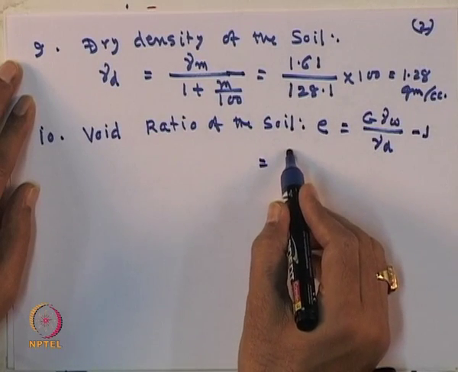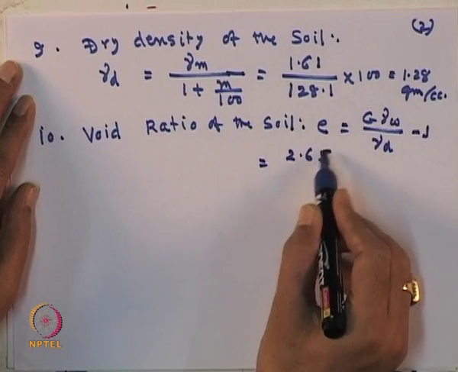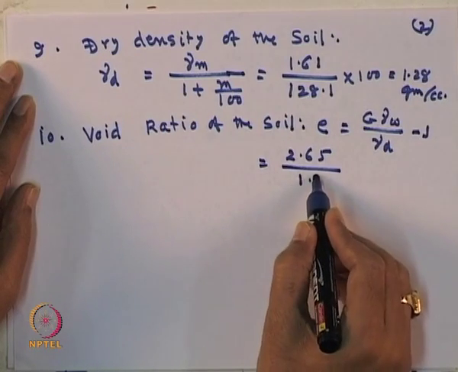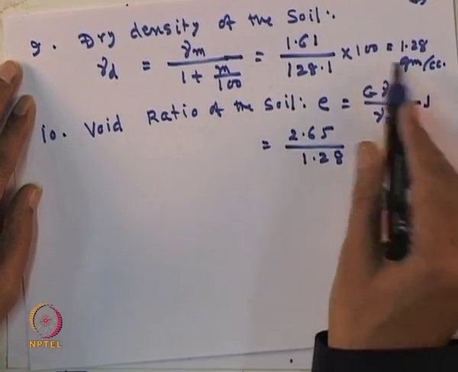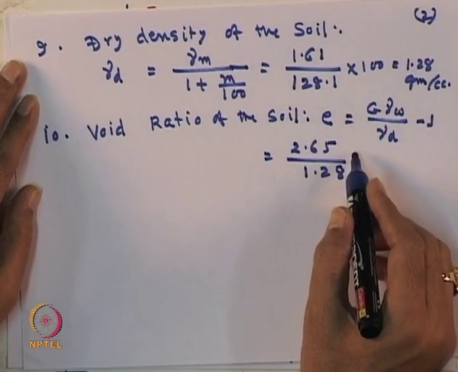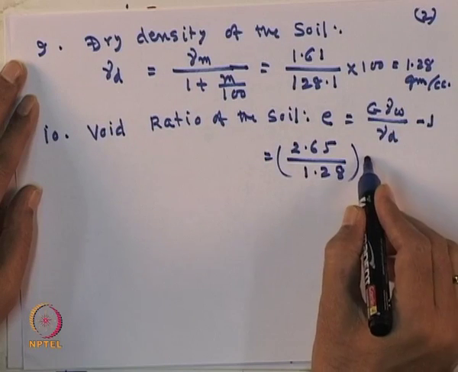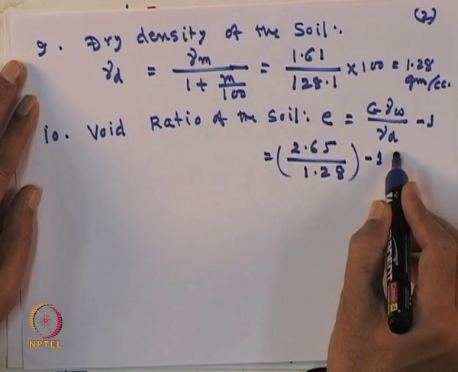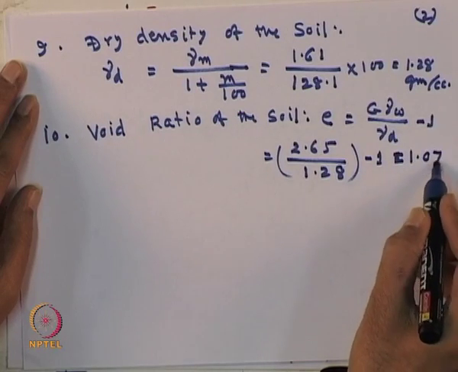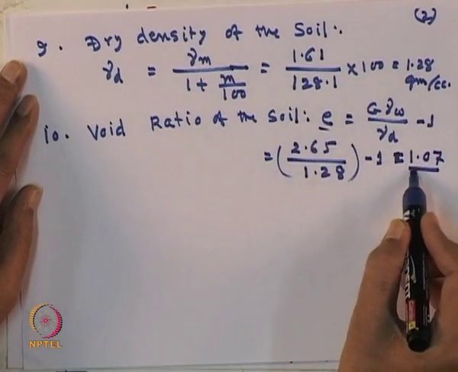That means G is 2.65, gamma W is 1, divided by gamma D which is 1.28, minus 1. This will be equal to 1.07. So, the void ratio is 1.07.